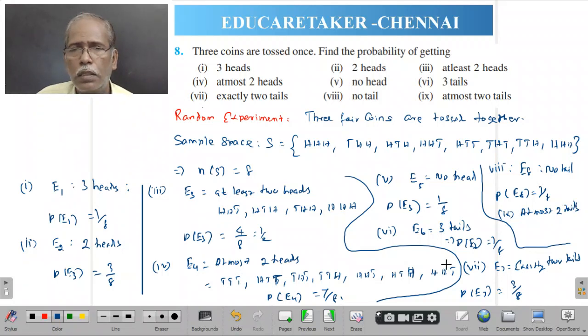Remember student, at most 2 tails or at most 2 heads, both are the same. So P of E9, at most 2 heads, means 7 by 8, and at most 2 tails is also 7 by 8.